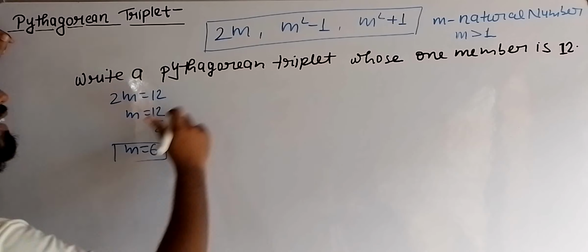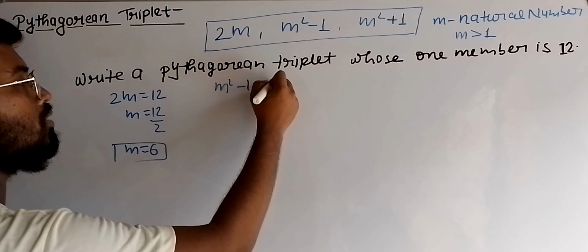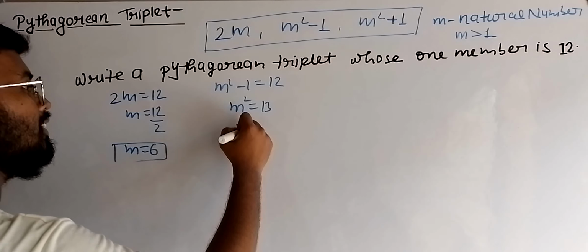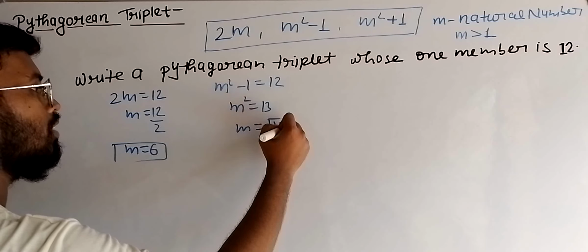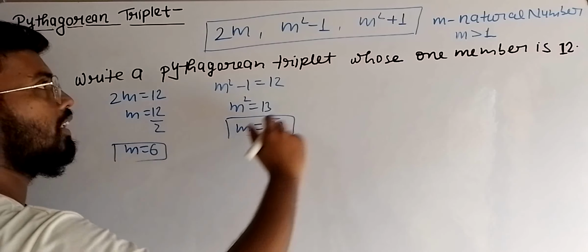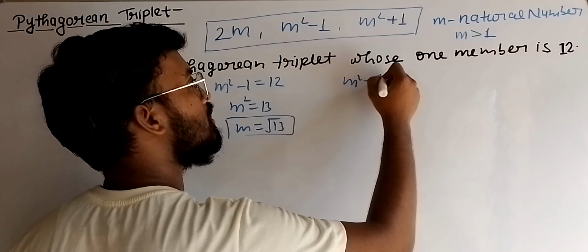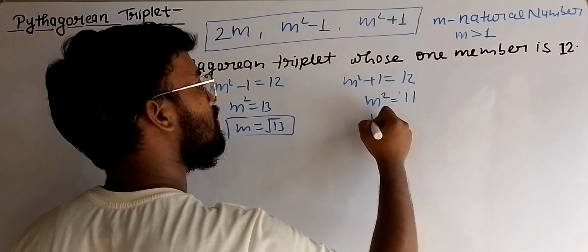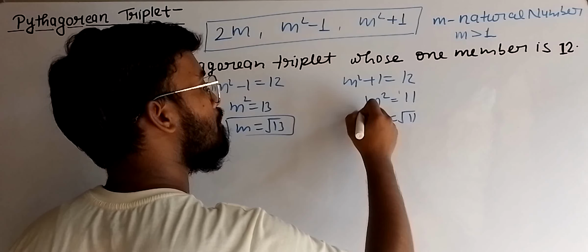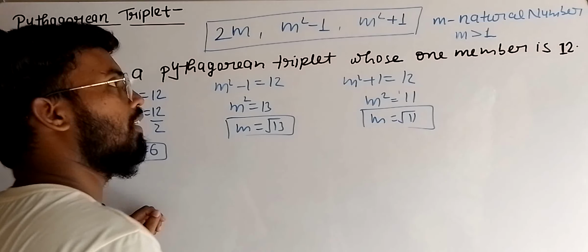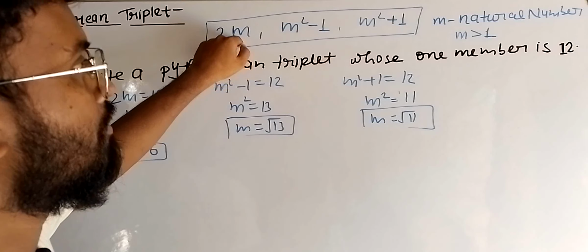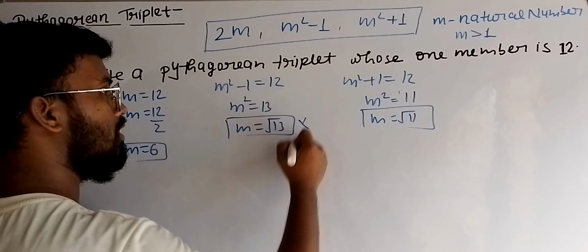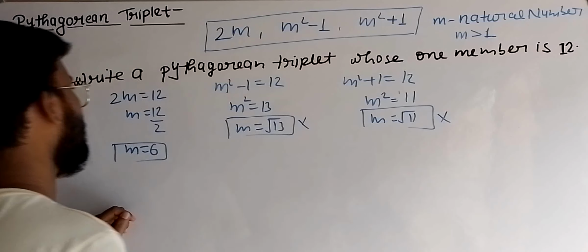Now if we take m square minus 1 equal to 12, then m square is equal to 13, then m is equal to under root 13. Now if we take m square plus 1 equal to 12, then m square is equal to 11, so m equals under root 11. But we know that m must be a natural number and greater than 1. So from here we are not getting a natural number, also from here we are not getting a natural number.